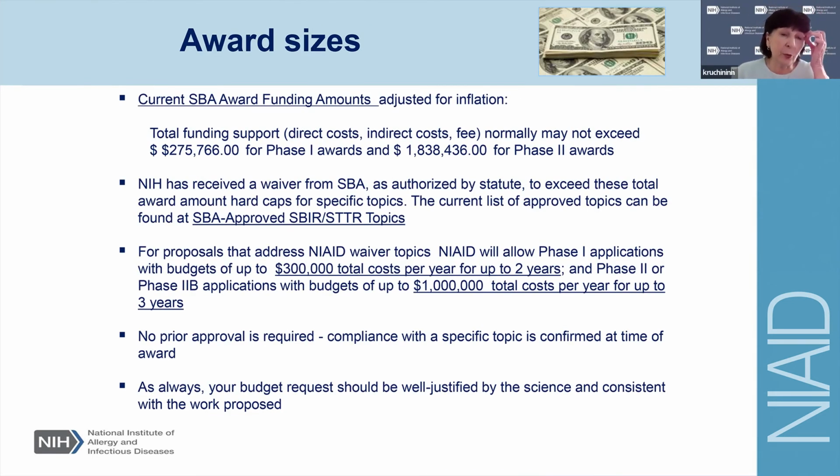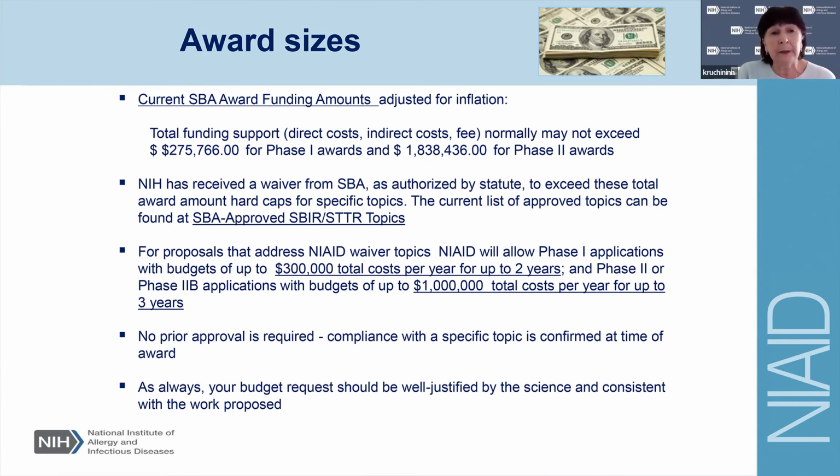Switching the topic and talking about money, obviously an interesting topic. Everybody wants to know the amount of money we can award. I'm sure you know that recently the SBA, because of inflation, adjusted some amounts. For phase 1, the SBA dollar amount is $275,000, and for phase 2, 1.8 million total.